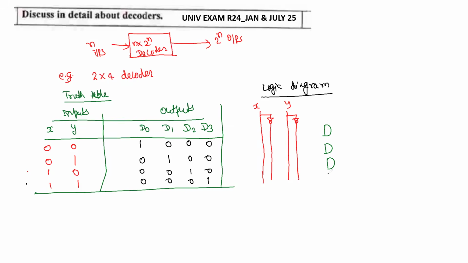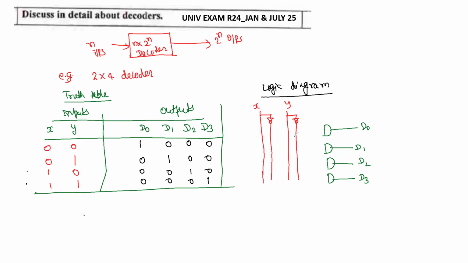Okay. So each AND gate will give one output. So suppose this one we are taking for D0, this is for D1, this is for D2, and this is D3. Since it is an AND gate, when all inputs are high, then only the output will be high. So here D0 is going to be the output.